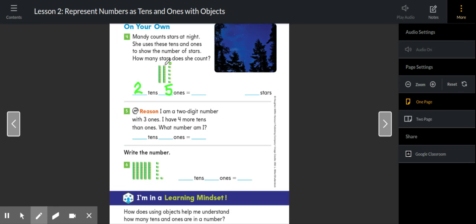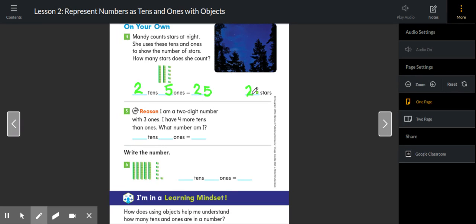But look, we can go 10, 20, stop, 21, 22, 23, 24, 25. So 2 tens and 5 ones is equal to, which means is the same as, 25. There are 25 stars.